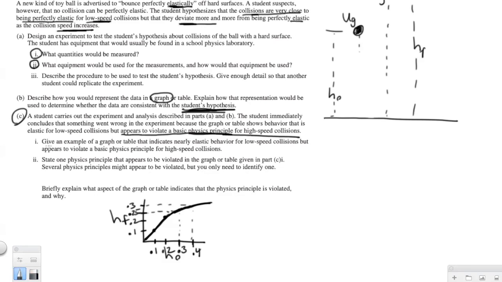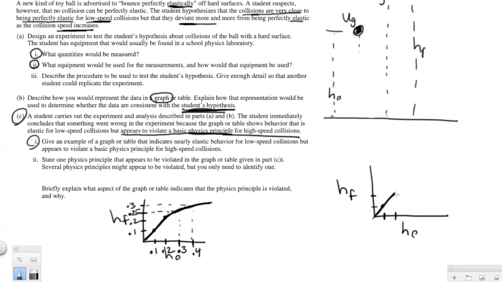So let's answer the question. Give an example of a graph or a table that indicates nearly elastic behavior for low speeds, but appears to violate a physics principle at high speeds. So let's do the same thing: final height versus initial height. It's elastic for slower speeds, right? Drop it from a height, and it goes to the same height. Drop it from a height, same height. That'd be very elastic.